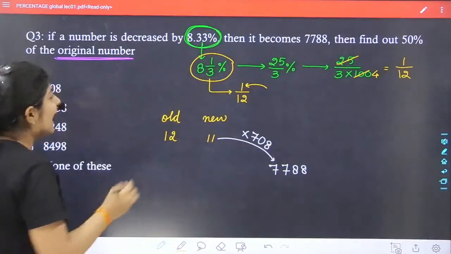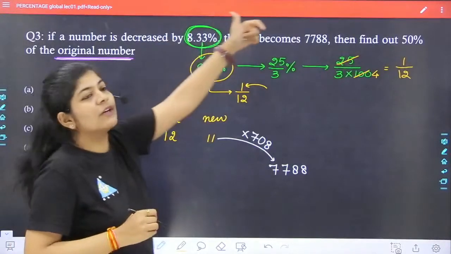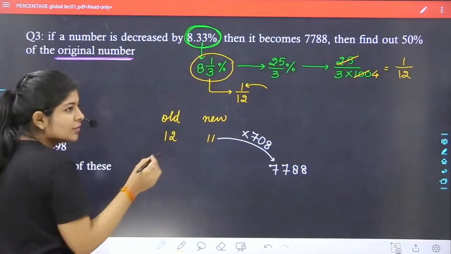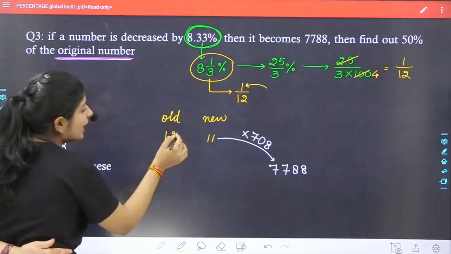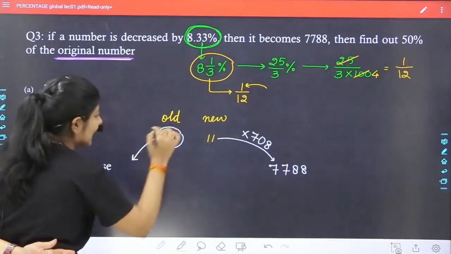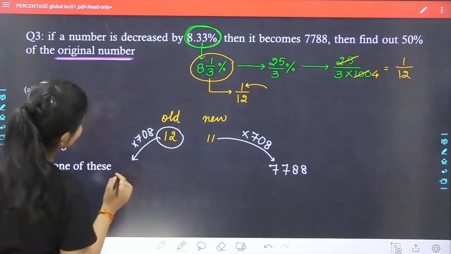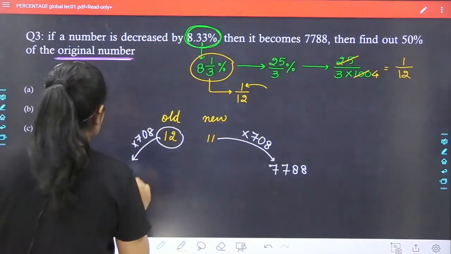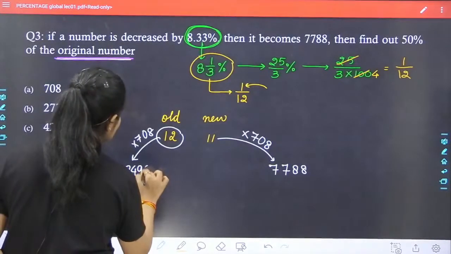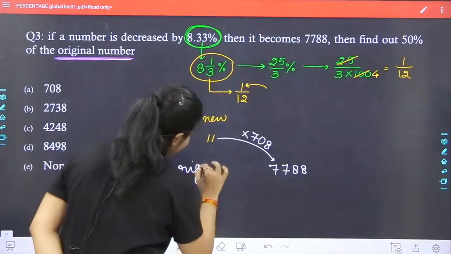Now we have to calculate the original number first, then we have to calculate the 50% of that. If I have to calculate the old number, then we have to multiply 12 by 708, and what I'll get? I will get 8496 as my original number.